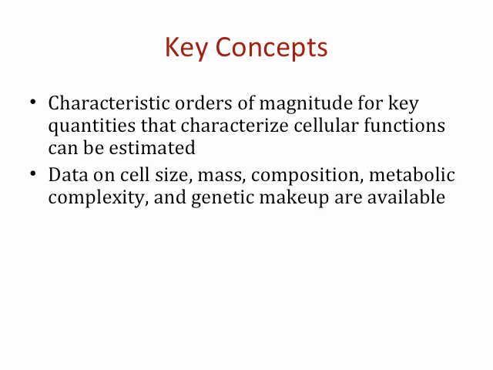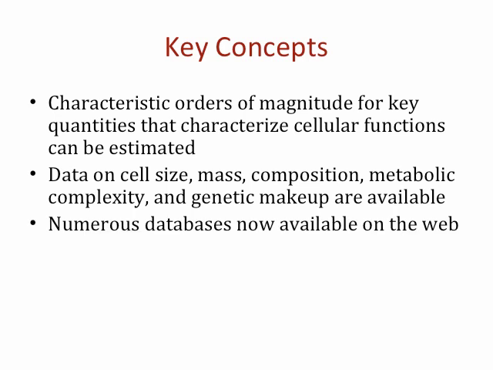We can find such information in many databases that are now available on the web. And based on this information and the procedures we'll discuss, we can get useful estimates of fluxes, concentration ranges, kinetic parameters, power densities, and so forth.